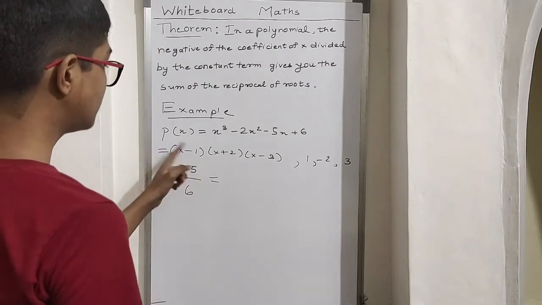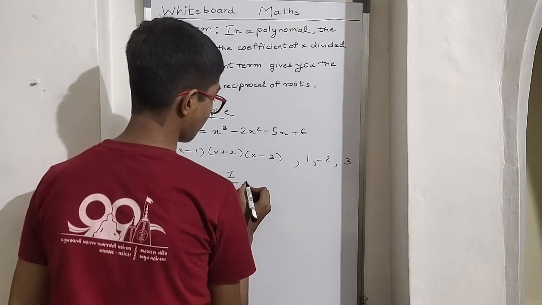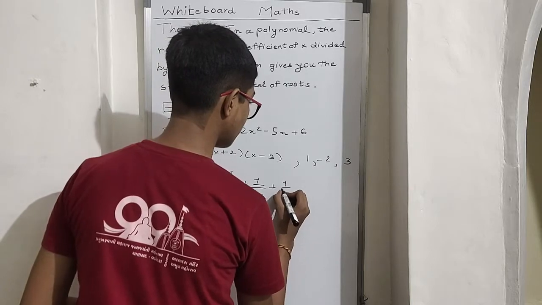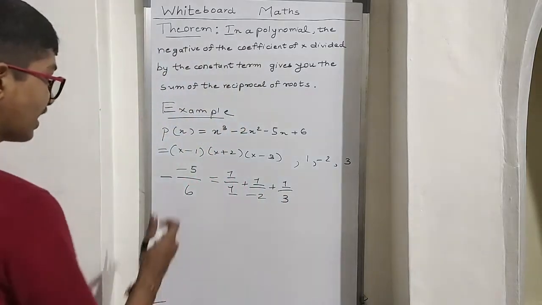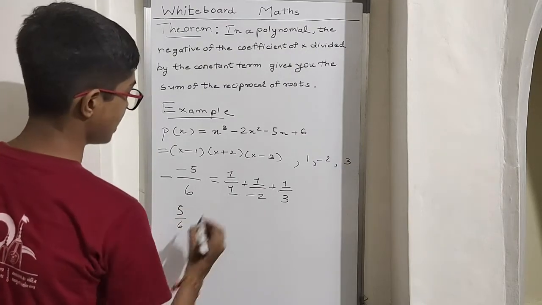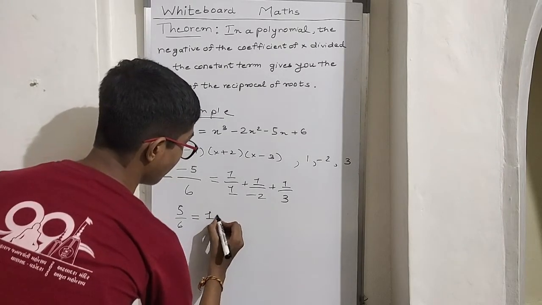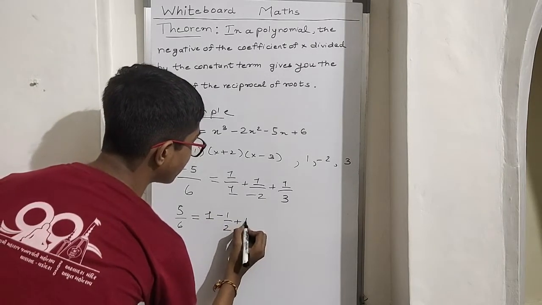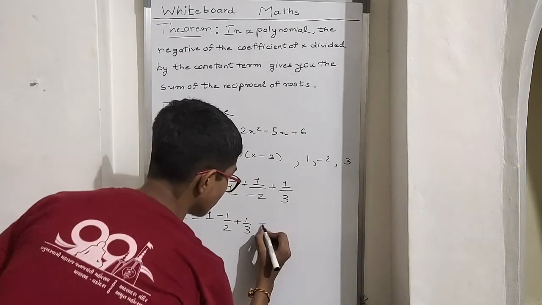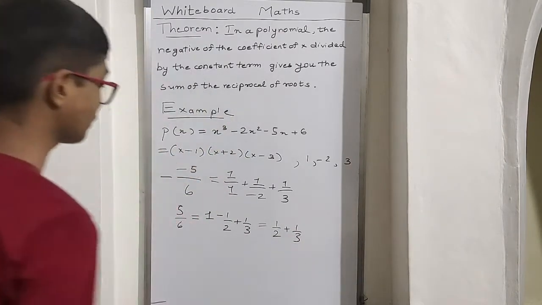So this thing must equal 1 over 1 plus 1 over minus 2 plus 1 over 3, and the left hand side simplifies to 5 over 6. The right hand side simplifies to 1 minus half plus 1/3, and 1 minus half is exactly half, so this equals half plus 1/3.